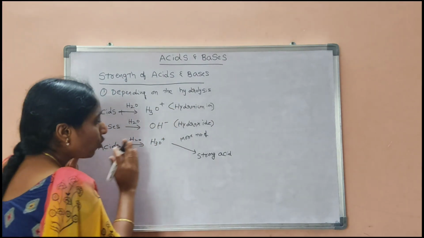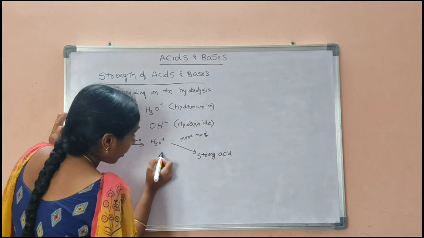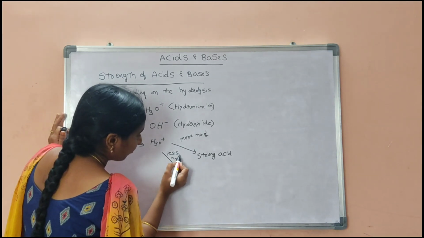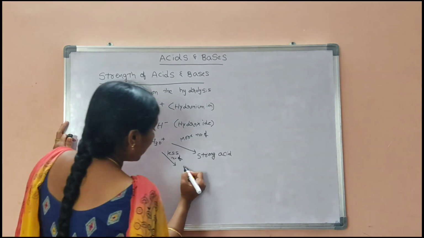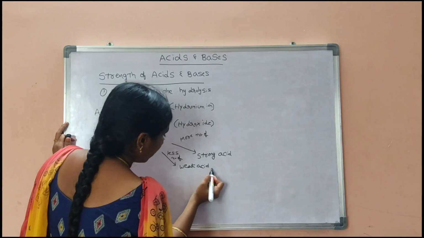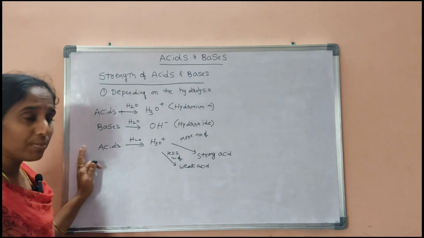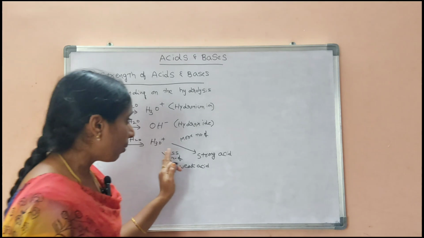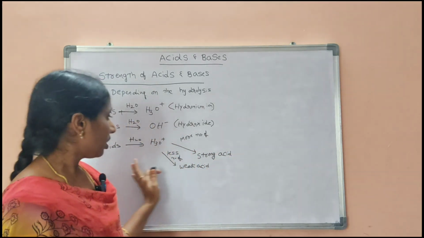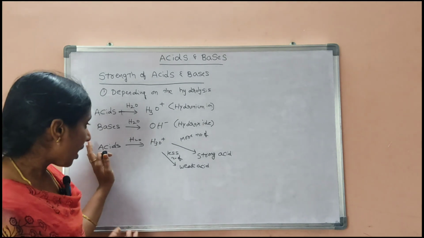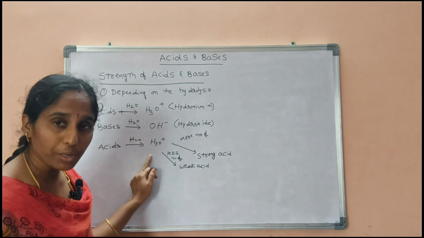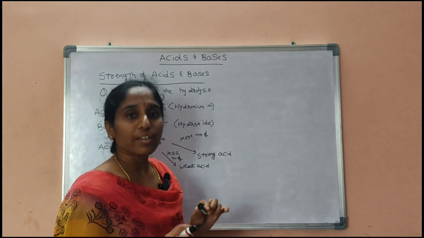The acids which produce less number of hydronium ions are called weak acids. The acids which react with water to produce less number of hydronium ions are called weak acids.